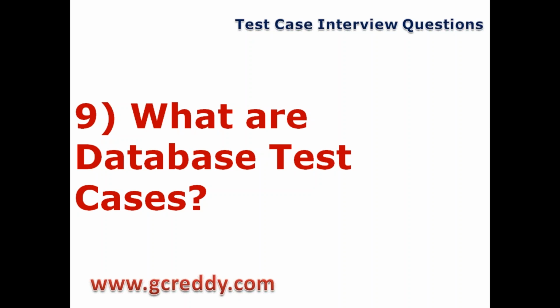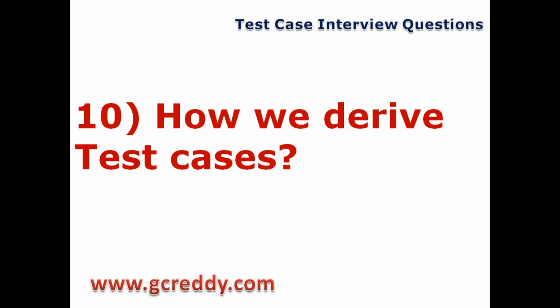Okay. Next, how do we derive test cases? We derive test cases from test scenarios. Test scenarios are derived from requirements. Observe the sequence: requirements, next test scenarios or outlines, next test cases.